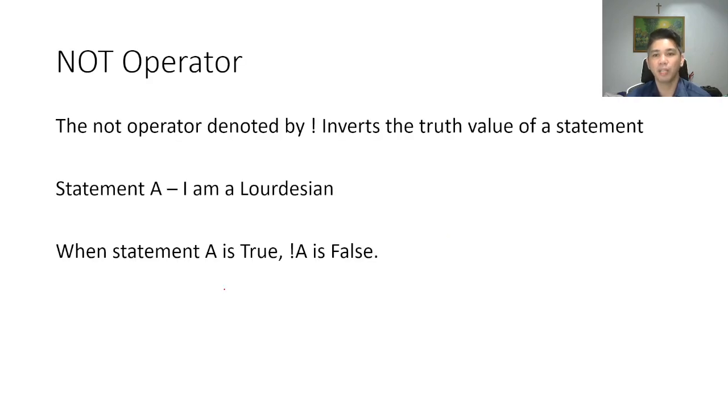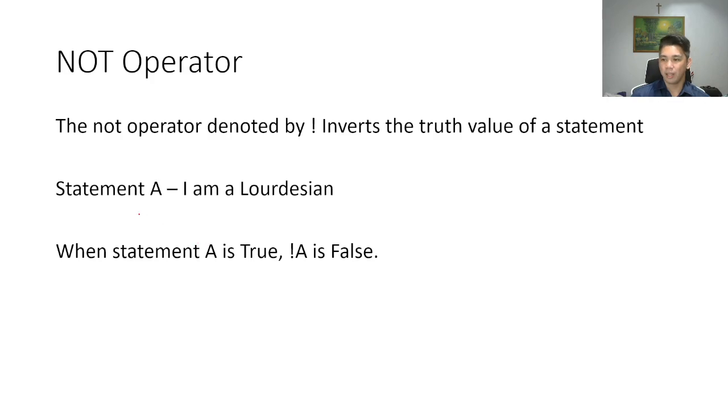Now, the not operator is a bit different. You can only use a not operator, signified by an exclamation point, in one statement. And the idea is, whatever the truth value of the statement is, when you use a not operator, it negates the truth value, meaning it inverts the truth value.